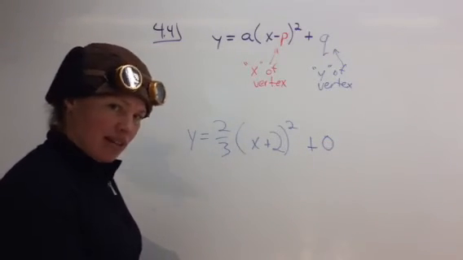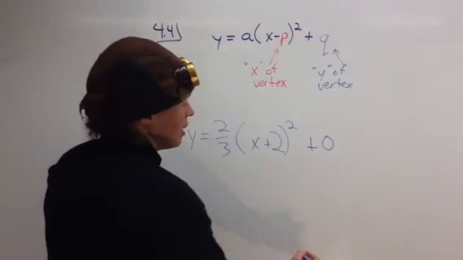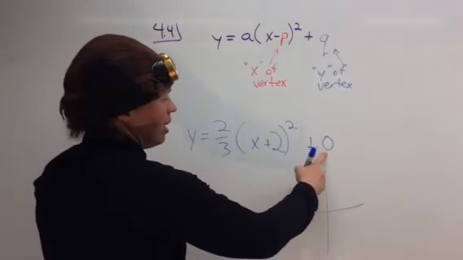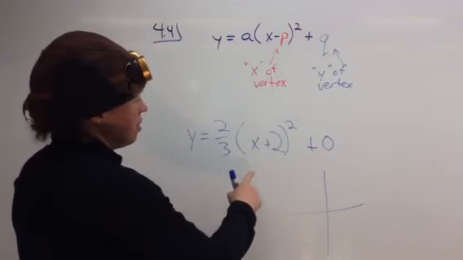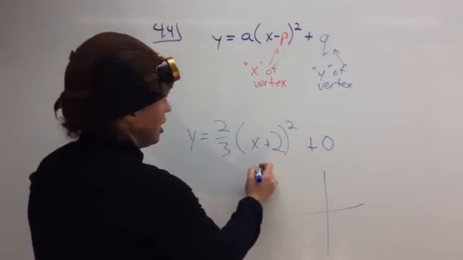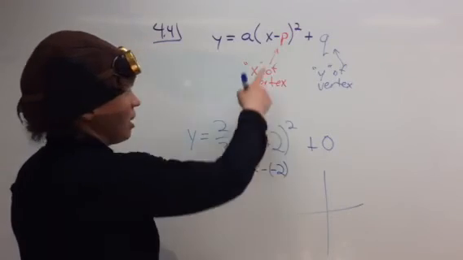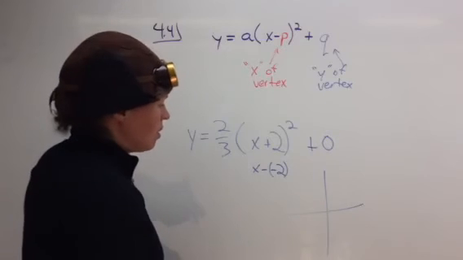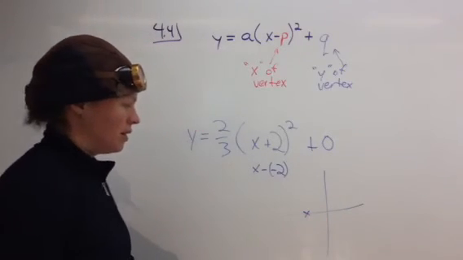It's just implied instead of explicitly stated. So I can expect that if I were to draw this, my y coordinate is going to be right along this line, and x plus 2 would have to change to x minus negative 2 to fit the pattern of x minus something. So you see how the sign switches. So I would expect that this would be somewhere over here.